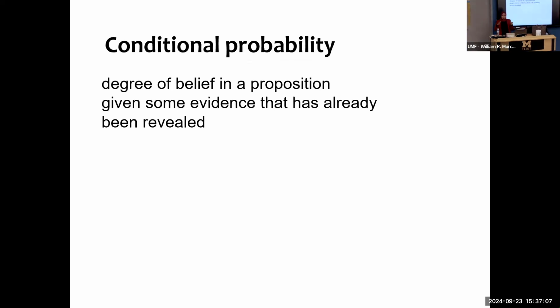The conditional probability now is the opposite of the unconditional. Now I have a condition. It's the degree of belief in a proposition given some evidence that has already been revealed. So something is happening. For example, my students are sending me lots of emails. This is a fact.